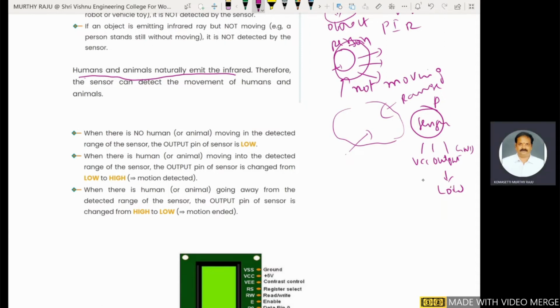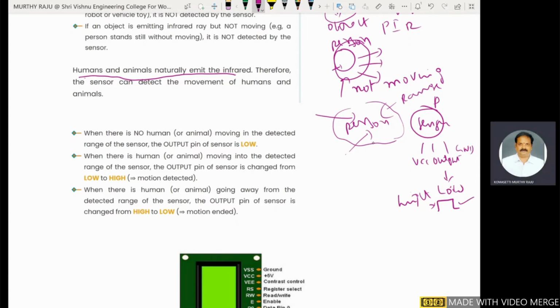When a human or animal moves into the detected range, when a person enters the detected range of the sensor, the output pin of the sensor changes from low to high. Whenever a living person or animal having some temperature enters the range of the sensor, the pin changes from low to high.